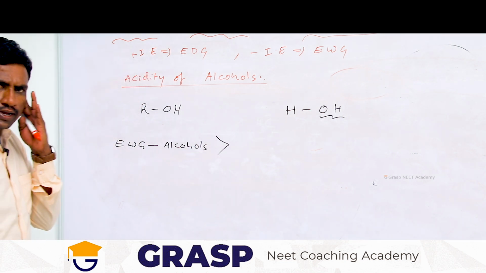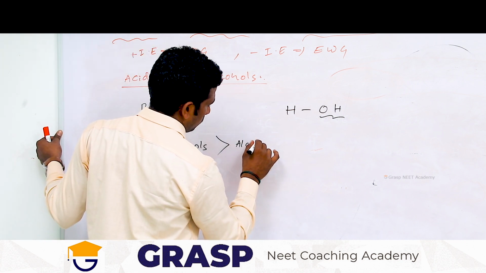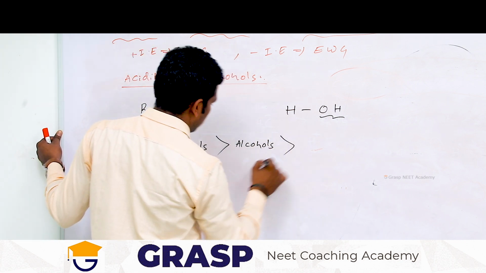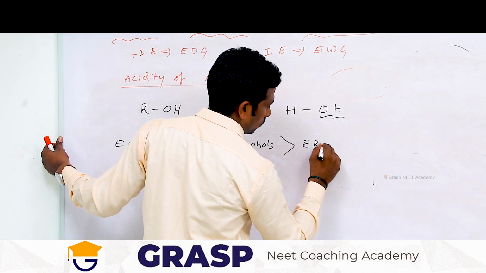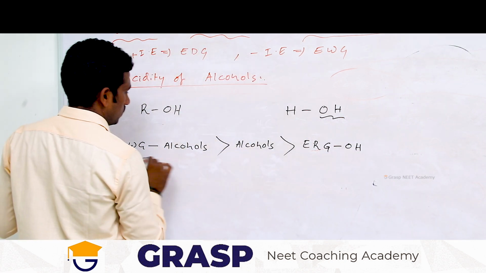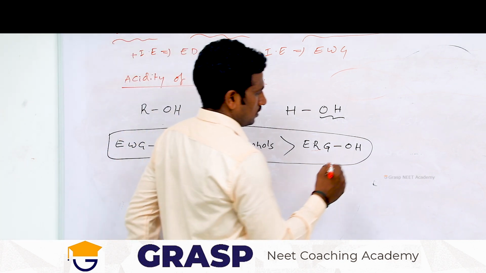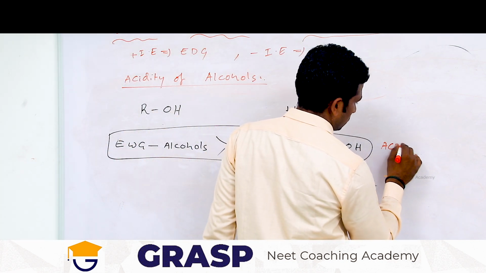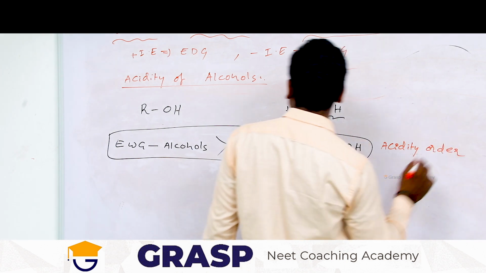Shortcut point you can remember. Then normal alcohols, after that electron releasing groups or else electron donating groups attached alcohols. This is the acidity order for the alcohols. This is what I am calling the acidity order of the alcohol.